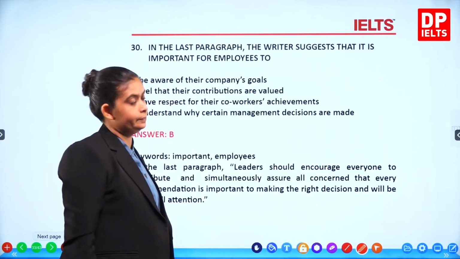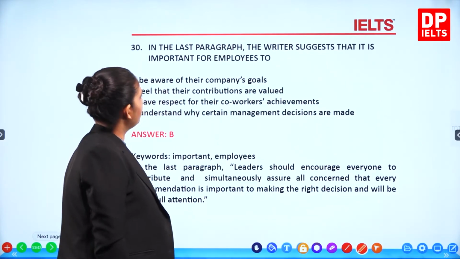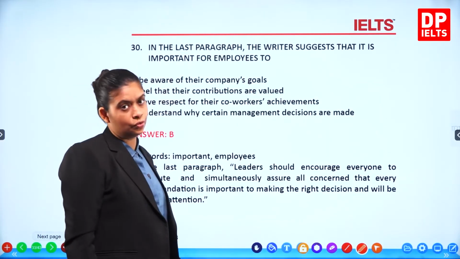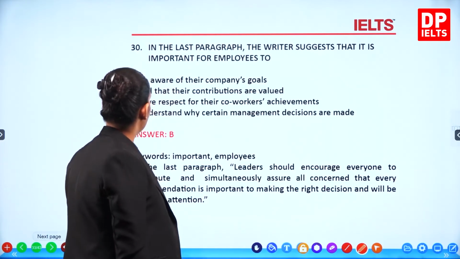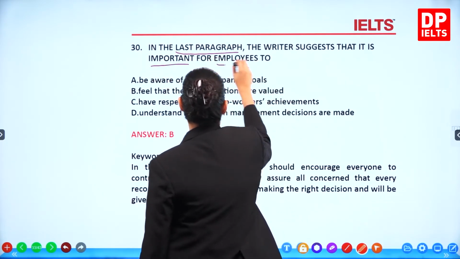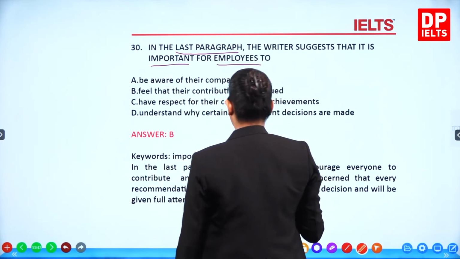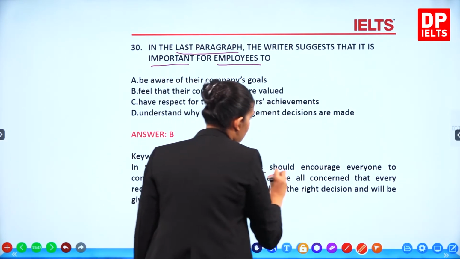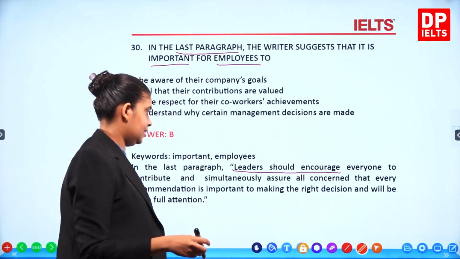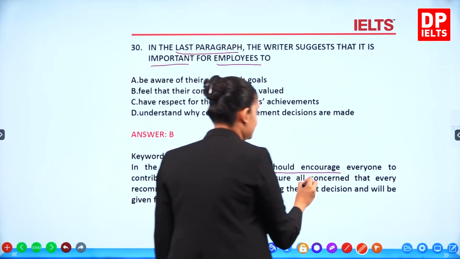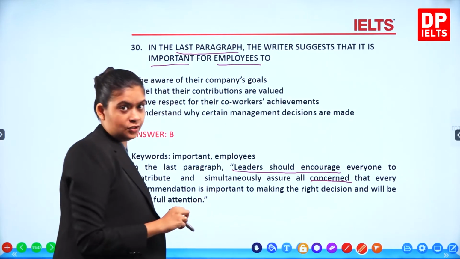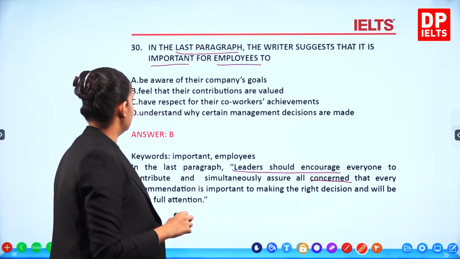Question number 30. In the last paragraph, the writer suggests that it is important for employees to do what? Okay. So, last paragraph. If you go to the last paragraph, it says, leaders should encourage everyone to contribute and simultaneously assure all concerned that every recommendation is important to making the right decision and will be given full attention.